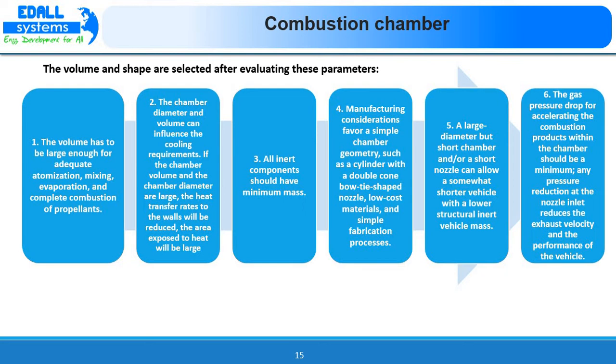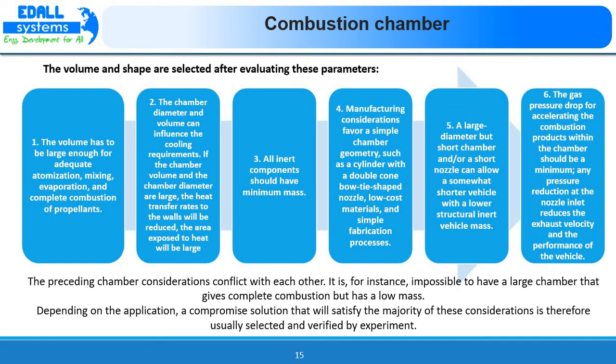Then the last one, the gas pressure drop for accelerating the combustion products within the chamber should be minimum. Any pressure reduction at the nozzle inlet reduces the exhaust velocity and the performance of the vehicle. So any pressure drop at the inlet of the nozzle will reduce the injection velocity, which is not good for any rocket engine because we need a high injection velocity at inlet such that high values of thrust are generated.